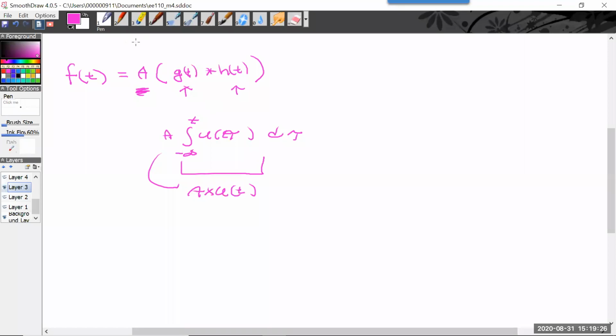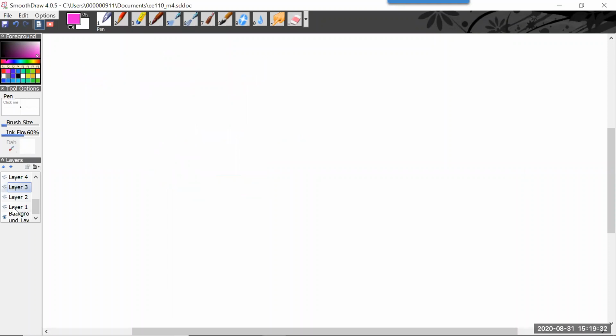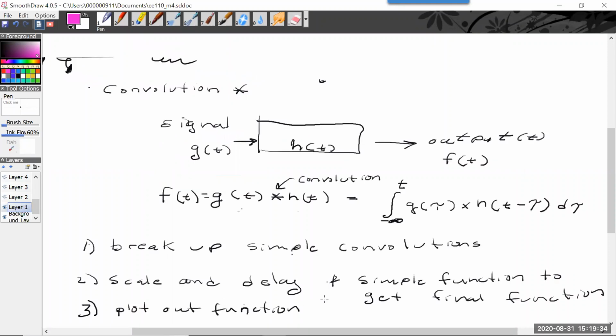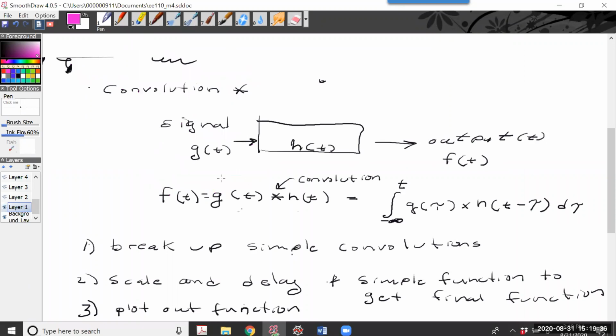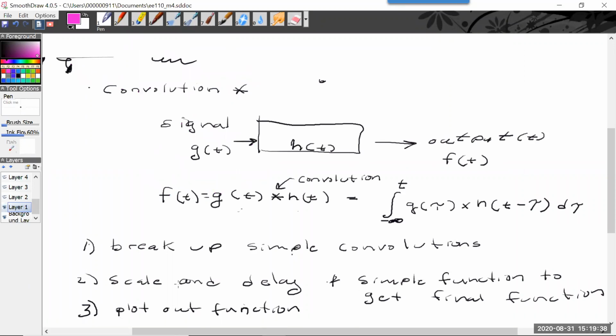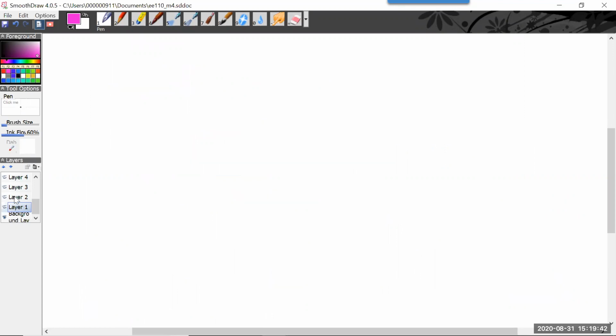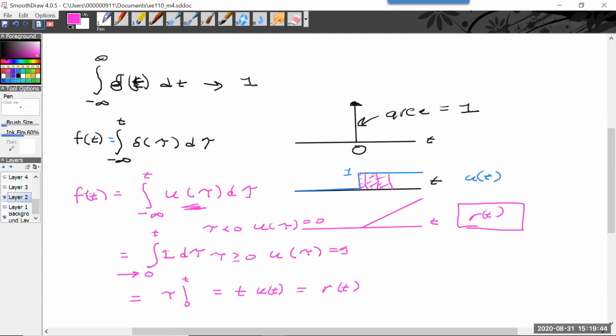So that's when I say scale. And when we came back here, I said break things up into simple convolutions, right? Scale and delay, all right? That's the scale part. We're going to talk about the delay in a moment, all right?